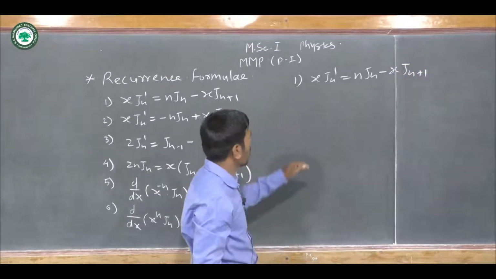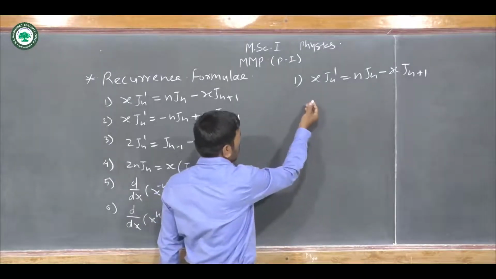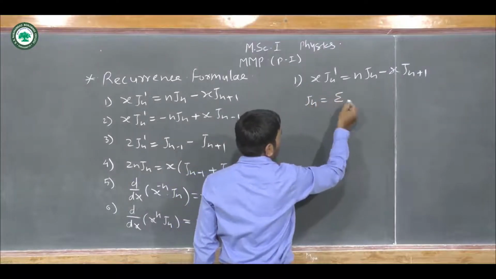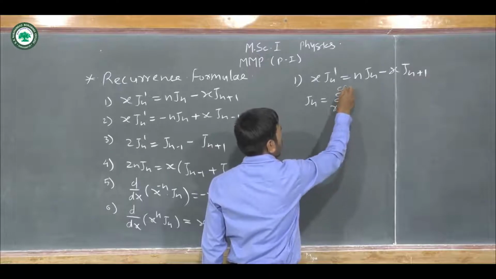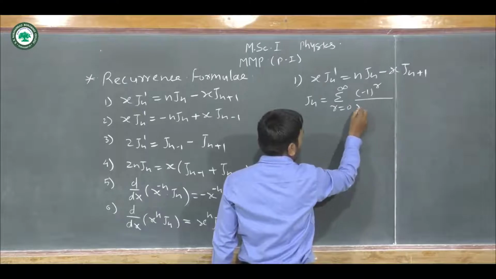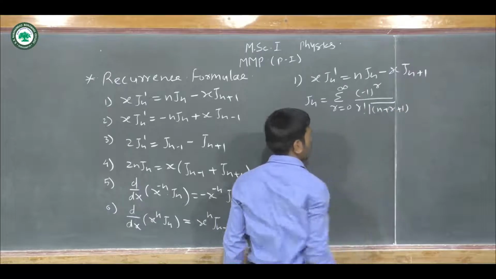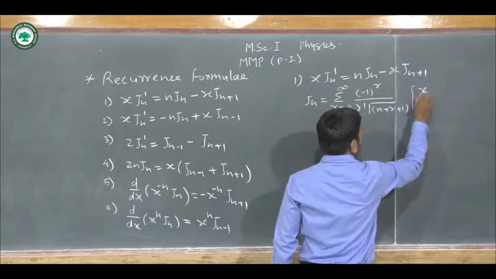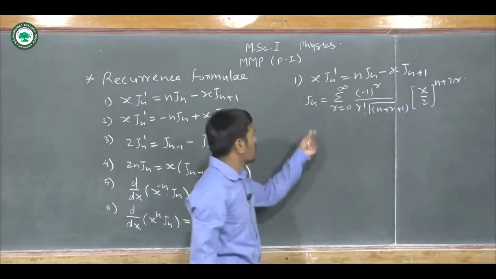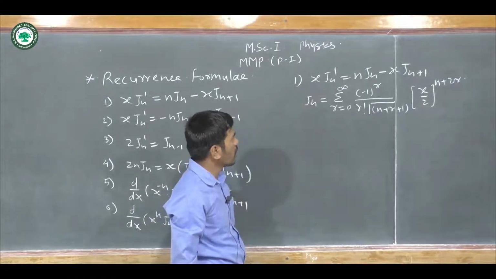We already derived this Jn, the Bessel function: Jn is equal to the summation over r is equal to 0 to infinity of minus 1 power r divided by r factorial gamma of n plus r plus 1, into x by 2 power n plus 2r. This is the Bessel function that we already derived.